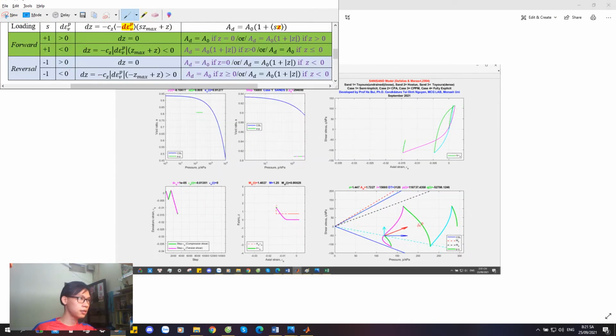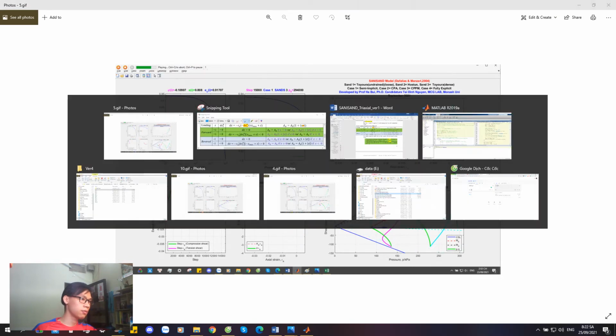But okay, we go to the next stage of dilatancy. Dilatancy means sum VB is negative. So at the time it's negative, we have dz negative like this. Okay, and when it's negative, we can see there Z will reduce immediately. Z goes from positive to 0 and negative.